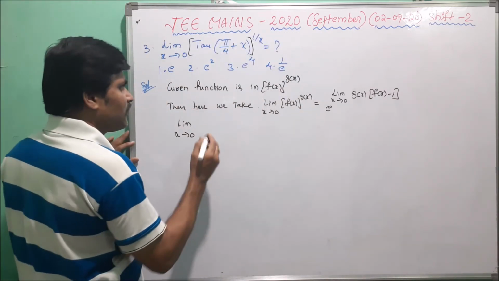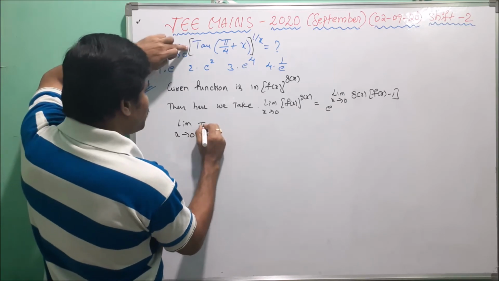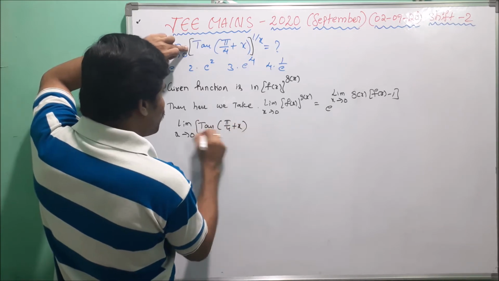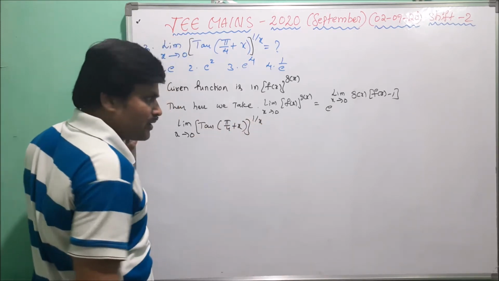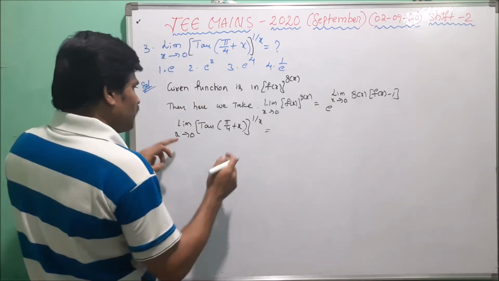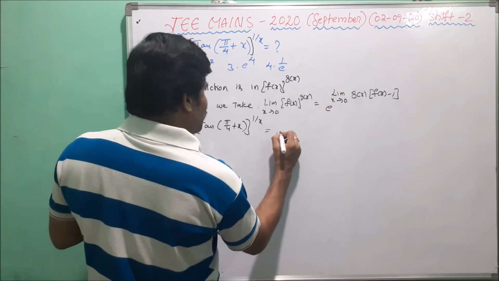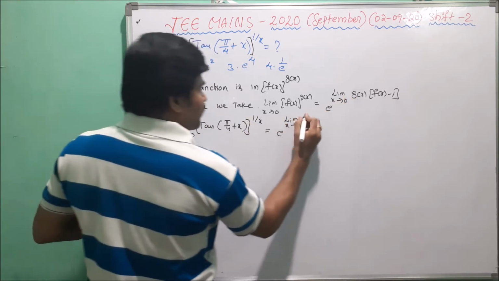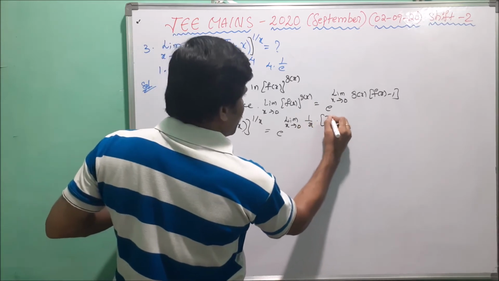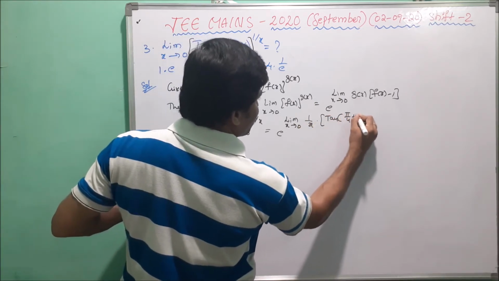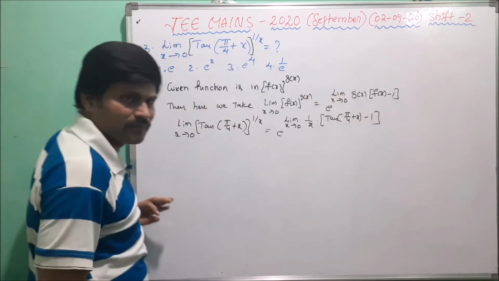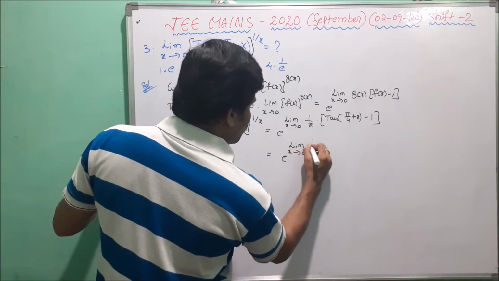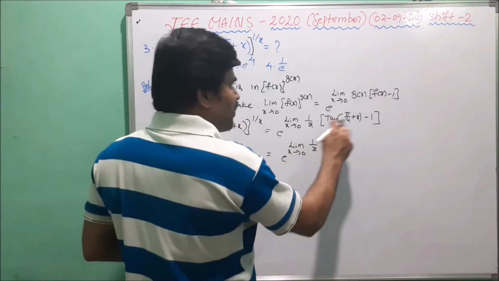Using that result, the given function is limit x tends to 0, tan of (pi by 4 plus x) whole power 1 by x. Now, using that result, this can be written as e power limit x tends to 0, g(x) means 1 by x, so 1 by x into (tan of (pi by 4 plus x) minus 1). Now it can be simplified: this is the form of tan(a plus b).